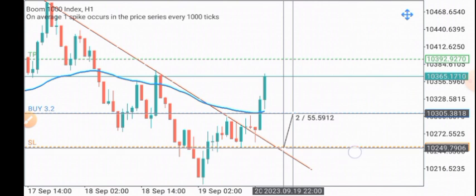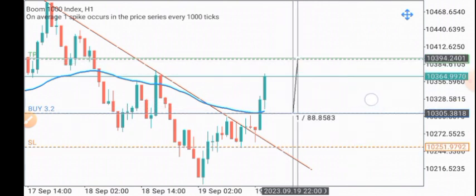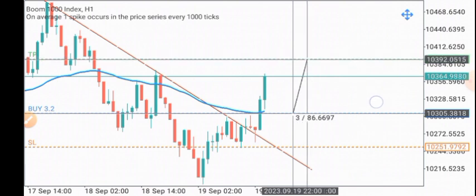We already know that our risk is 54 pips. Then your target is anything around 88 pips. So you are risking 54 pips to get 88 pips.